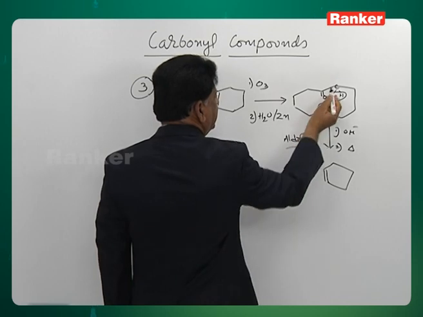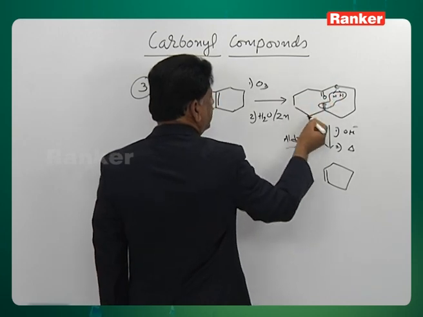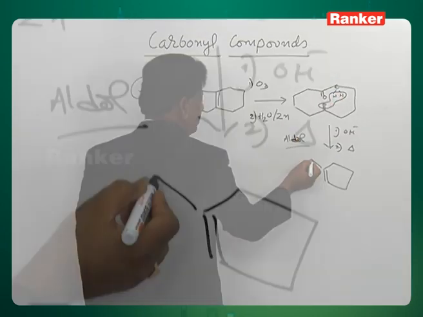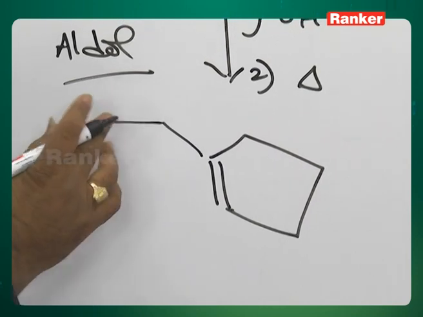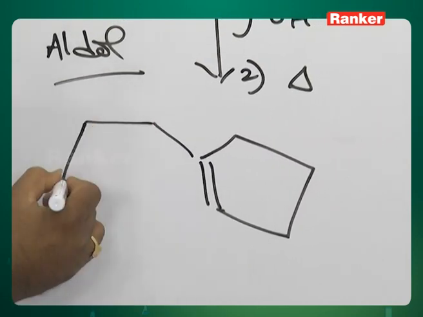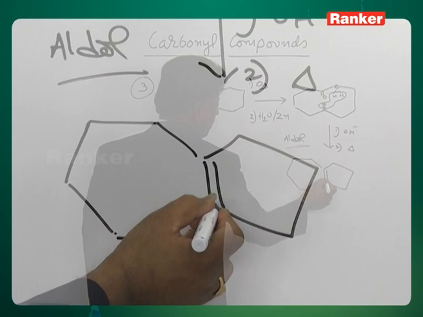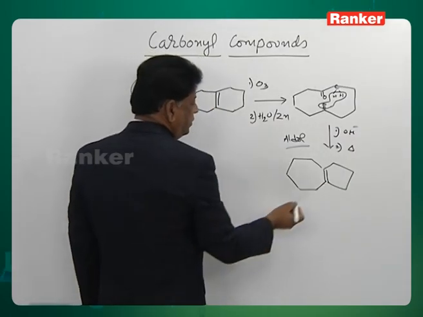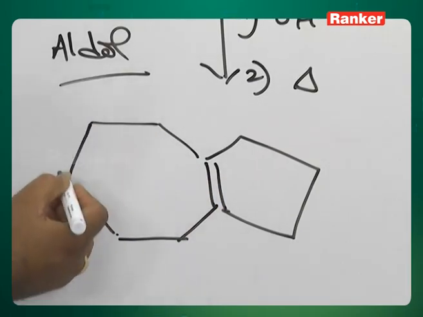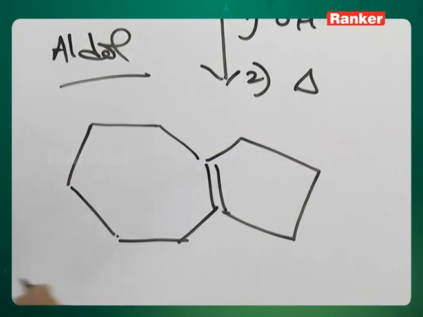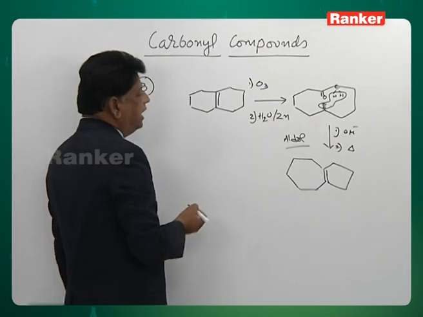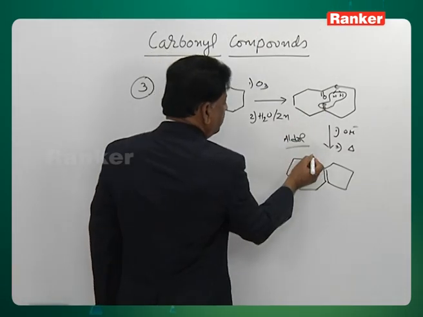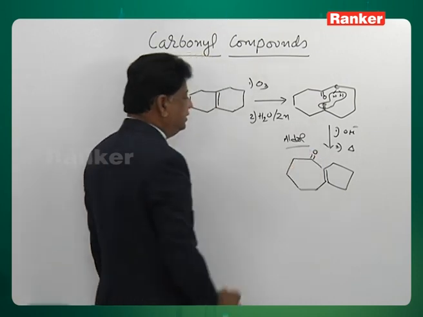This side 1, 2, 3, 4, 5, 6, 7. Let me write like this. So the 1, 2, 3, 4, 5, 6, 7-membered ring. So this type of ring is formed, and one carbonyl group will be there. This is your answer.